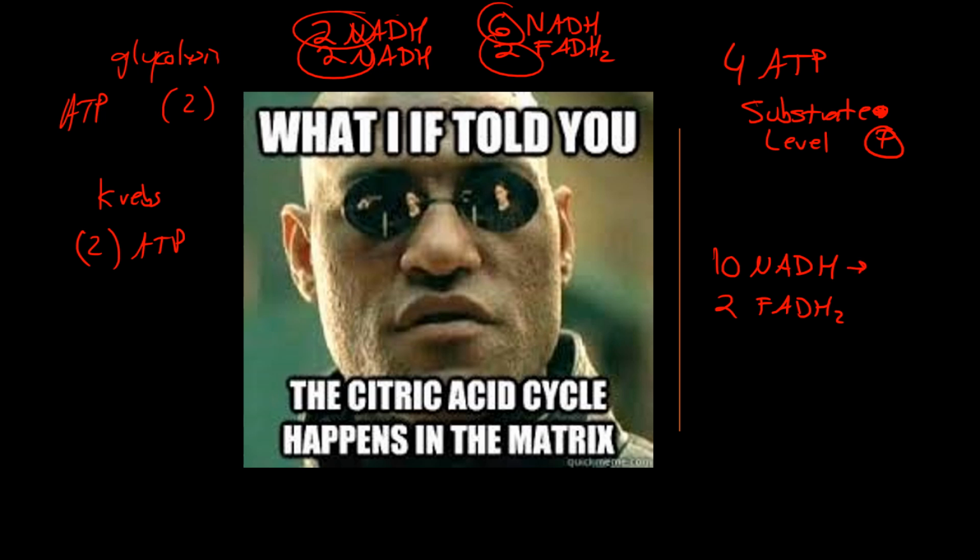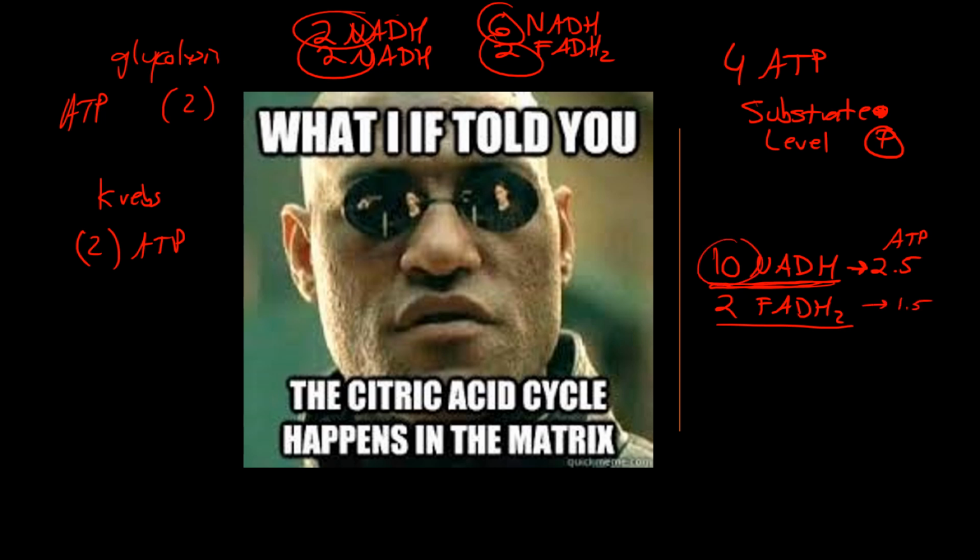Remember the conversion factor we talked about before. 2.5 ATPs can be generated through the protons provided by the transport through the energy of 1 NADH. So for every 1 NADH, we can make 2.5 ATPs, and for every FADH2, we can only make 1.5.